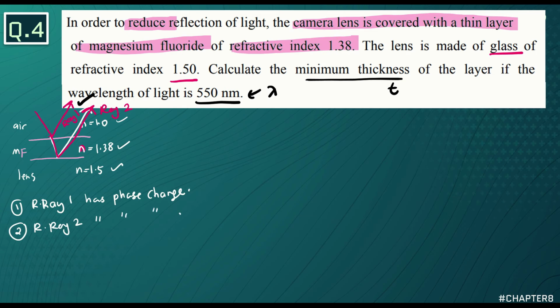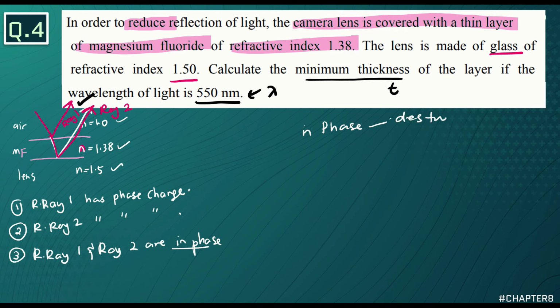Since both of the rays have phase change, ray 1 and ray 2 are in phase. So this is the case of in phase, destructive or constructive.